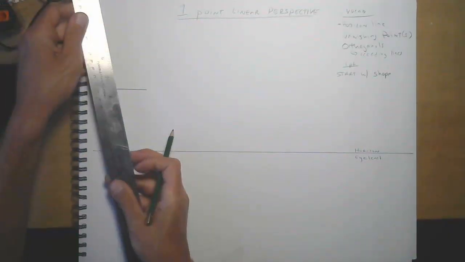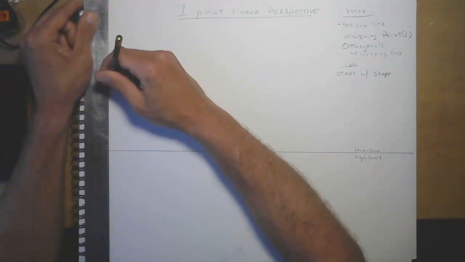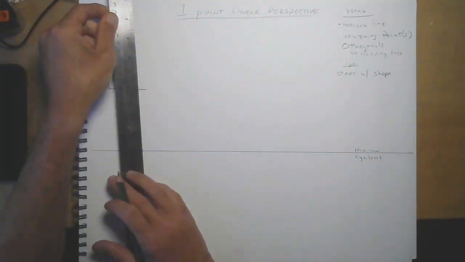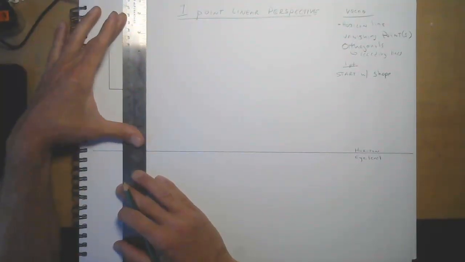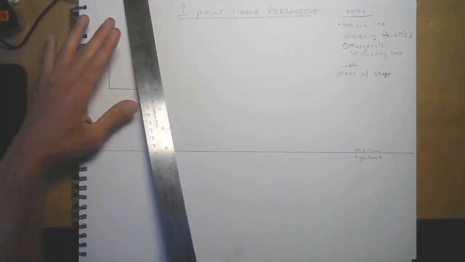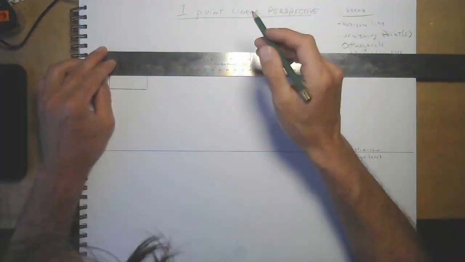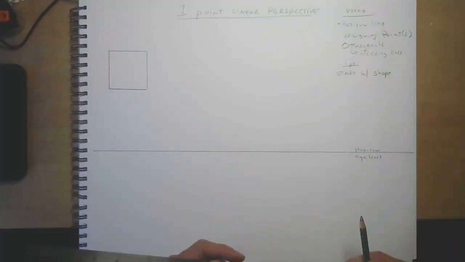So I'm going to start using my ruler, and I'm going to draw a 2-inch square. And it's really important to use your ruler in this exercise, because linear perspective is a very accurate tool, and if you don't use your ruler, it'll look very off.